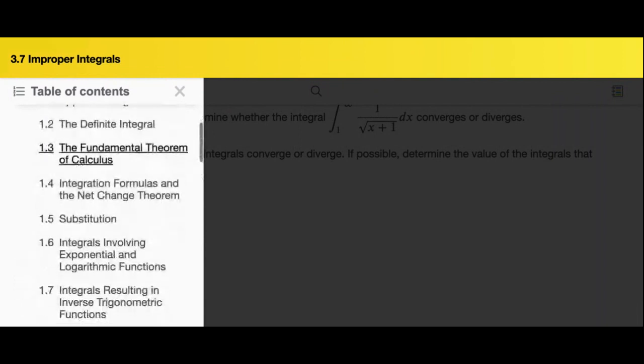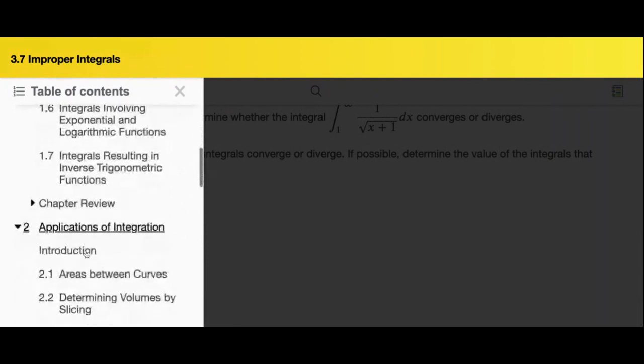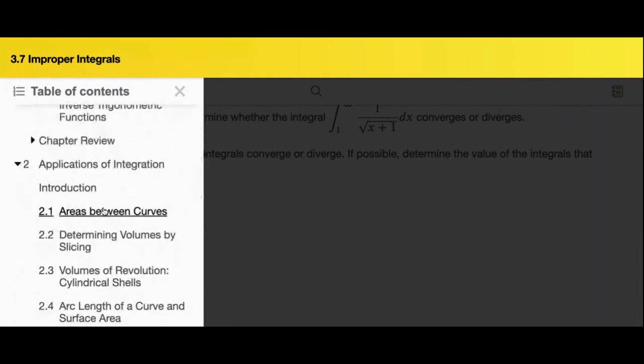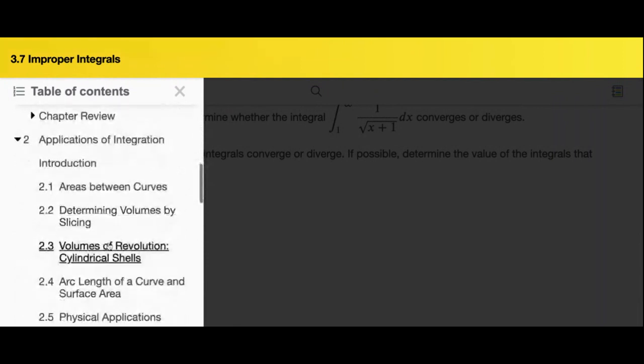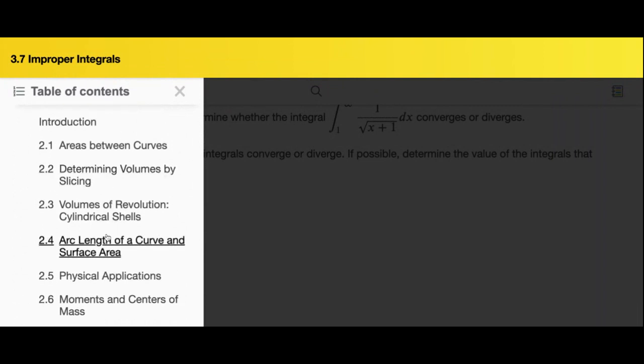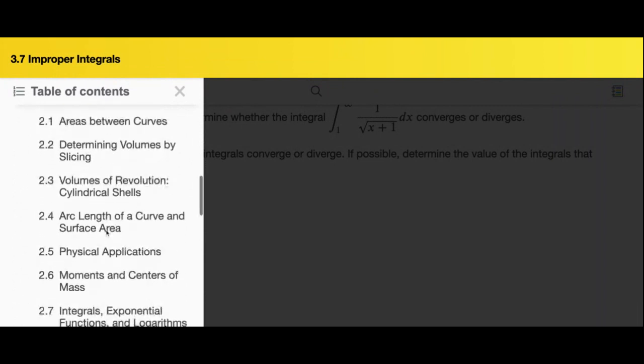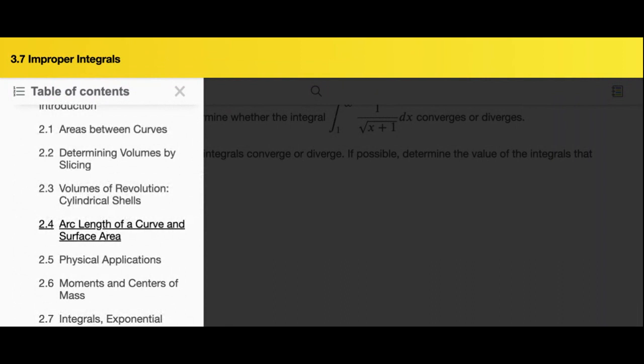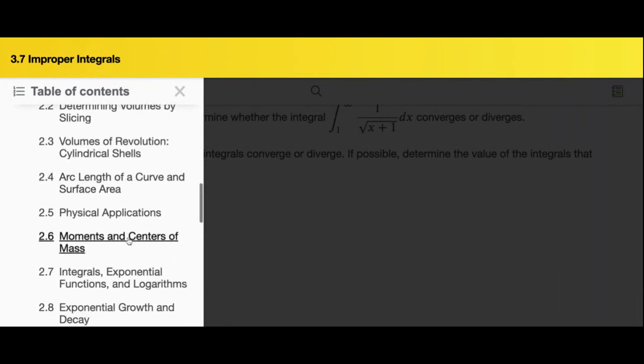So let's see, 1, 2, 3, 4, 5, 6, 7, 8, and we have 2 methods, right? Disk method and shell method. So that counts as 3, and also revolving about the x-axis and revolving about the y-axis. That's probably up to 7 questions now.